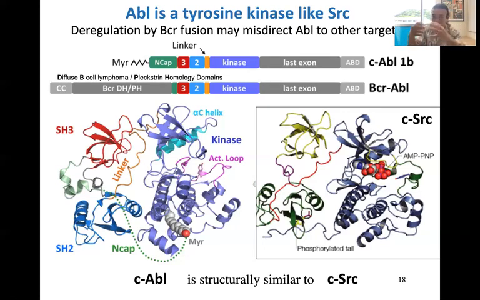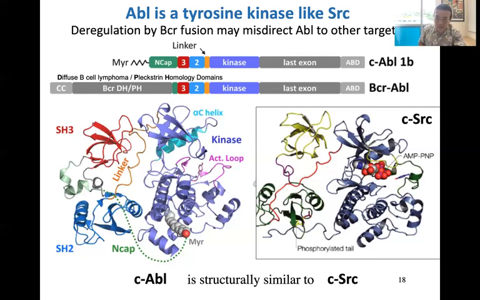With this fusion, the BCR part of the chimeric protein takes the ABL part to parts of the cell that ABL has no business going to. We think that in those regions, ABL starts interacting with downstream targets that it normally would not have a chance to interact with, and those pathways are things like cell cycle progression pathways.